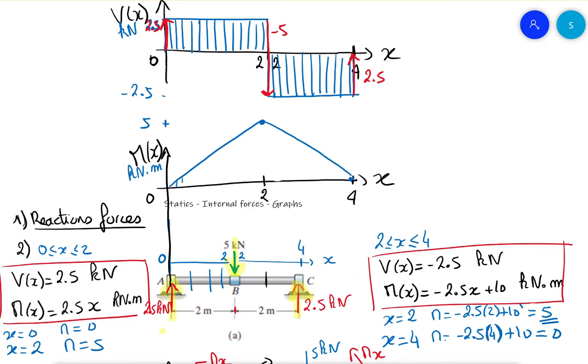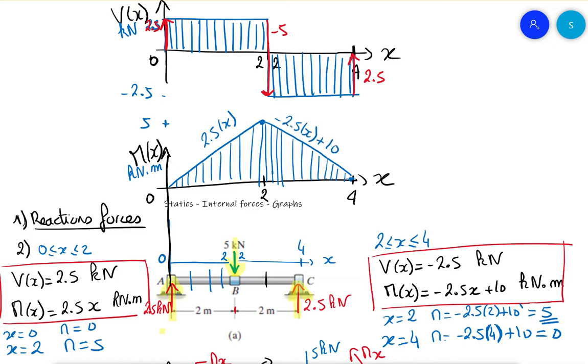Okay, so that's the function, the graph for the moment for any point on the beam from 0 to 4. So from 0 to 2, the function is 2.5 times x, and from 2 to 4, the function is minus 2.5 x plus 10, like this.